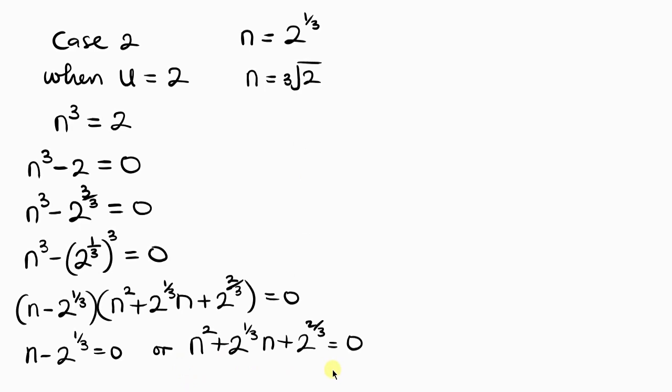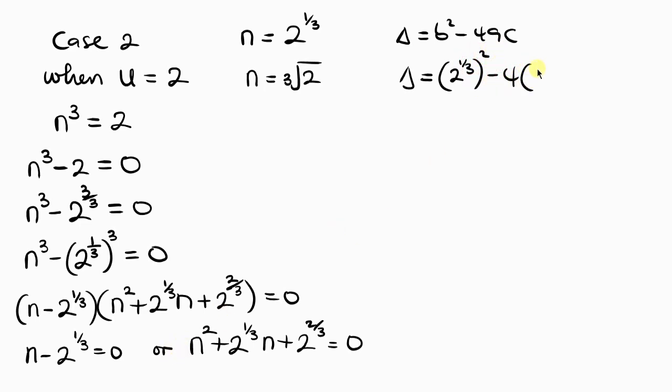From this second case, we can see that we have a quadratic equation of n. So let's check if we're going to be having a real solution from here by looking for the discriminant. So discriminant is equal to b squared minus 4ac. So discriminant equal to b, b here is 2 to the power of 1 over 3 squared minus 4 times a.